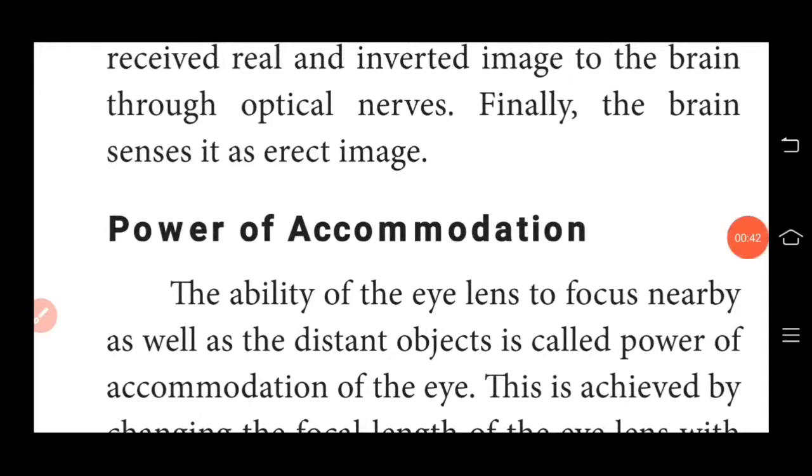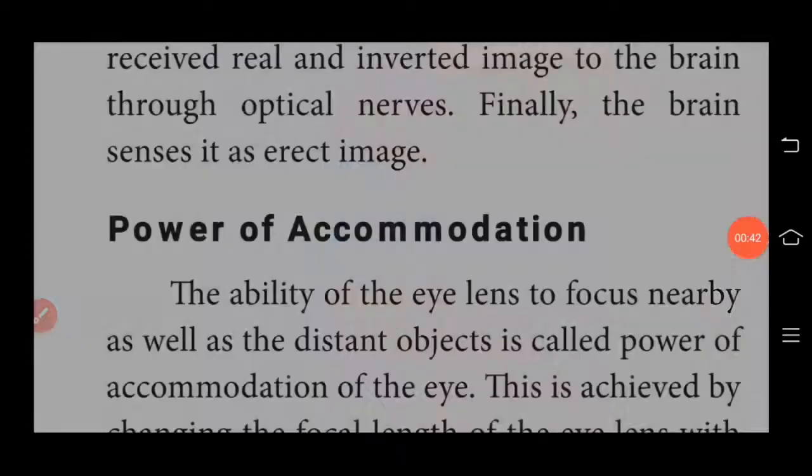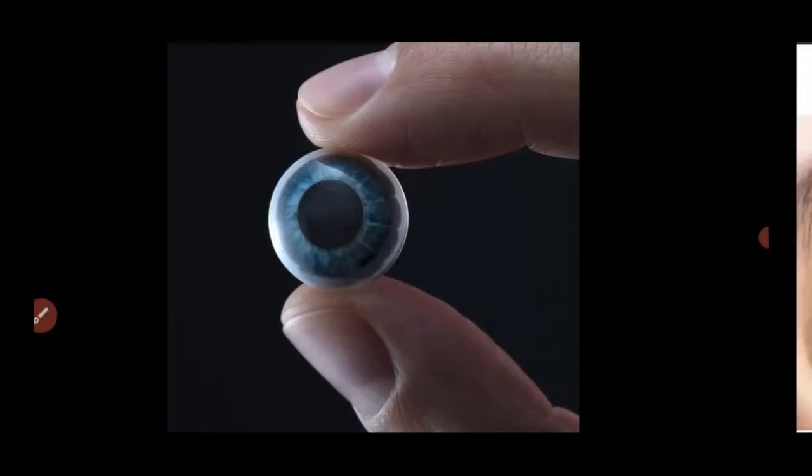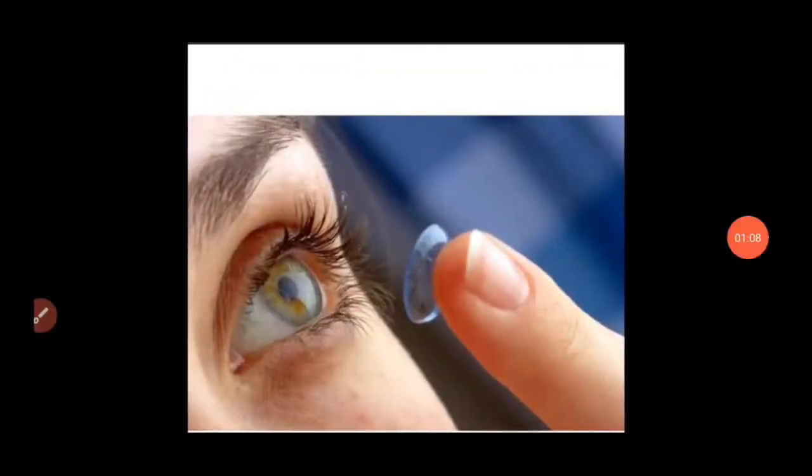Accommodation means the ability of the eye to change its focus from distant to near objects and vice versa, from near to distant objects. Simply, the ability of the eye lens to focus the near object as well as the distant object is called power of accommodation of the eye. This is achieved by changing the focal length of the eye lens with the help of ciliary muscles.